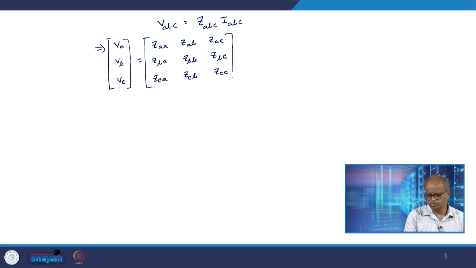So ZAB is equal to ZBA, ZAC is equal to ZCA, and ZBC is equal to ZCB. This is a symmetric matrix, we always know that.